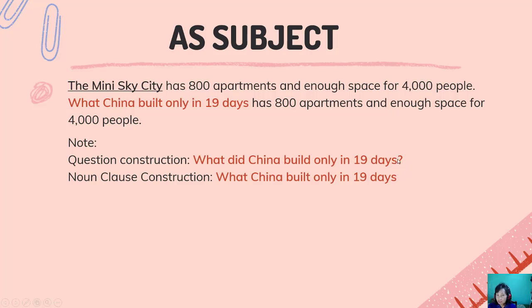You have a question mark here, and the subject and the auxiliary are inverted. While in noun clause construction, it is positive. You don't invert the subject and the predicate. So: what China built only in 19 days, of course without a question mark.